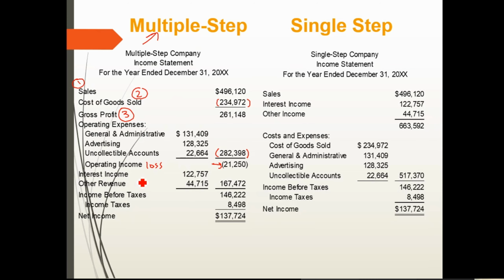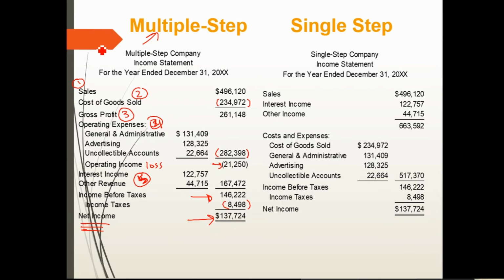Sorry, this one is operating expenses. Then we're going to add what other revenues we have. Then we will reach the income before tax. Then we deduct the tax. We will reach the income after tax, which we call the net income. So this is one of the other examples of how to do the income statement.